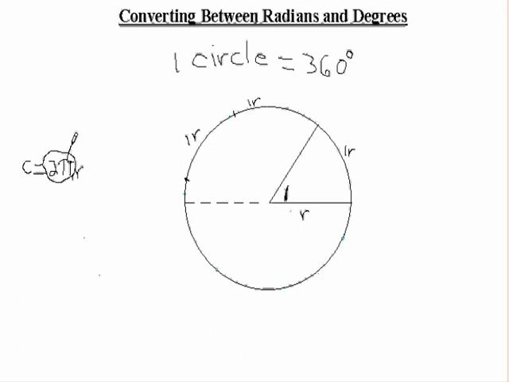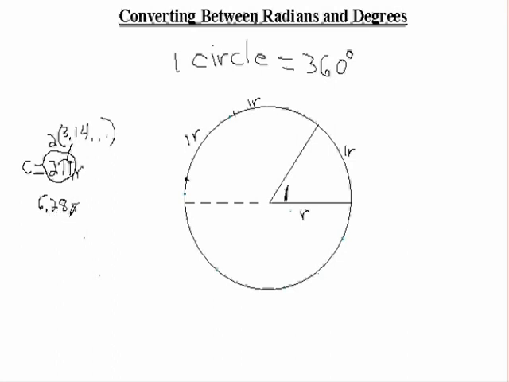Well, we know that this symbol, pi, is 3.14 if we round it off to 2 decimal places, but we also know that it's a non-ending, non-repeating decimal, the kinds of numbers that we call irrational. So 2 pi then would be approximately 6.28 radii.